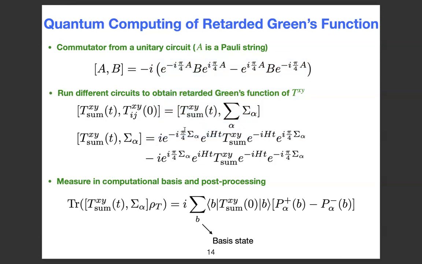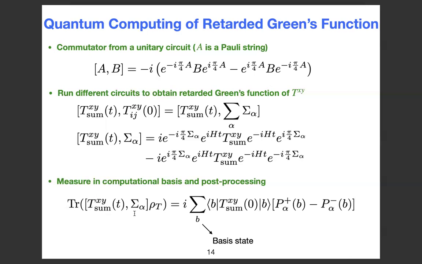This expression is very informative. It basically tells us that we first need to prepare the thermal state, and then we apply this sigma alpha term with a phase pi/4. Then we do real-time evolution. After that, we just measure the system in a basis where the Txy is diagonal. After the measurements, we can reconstruct the expectation value of this operator.